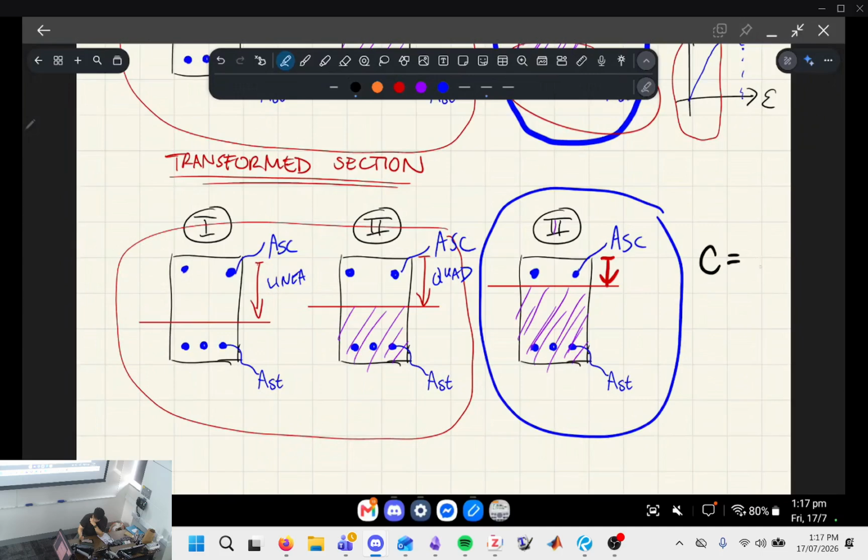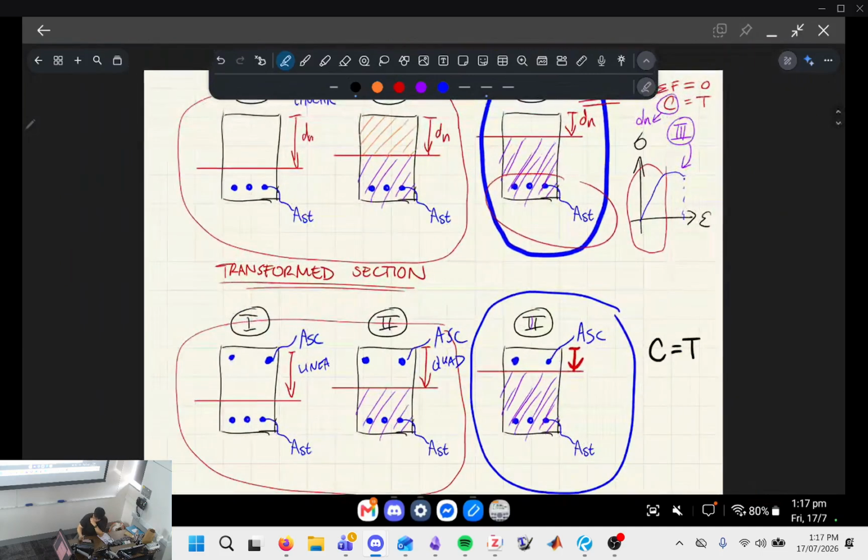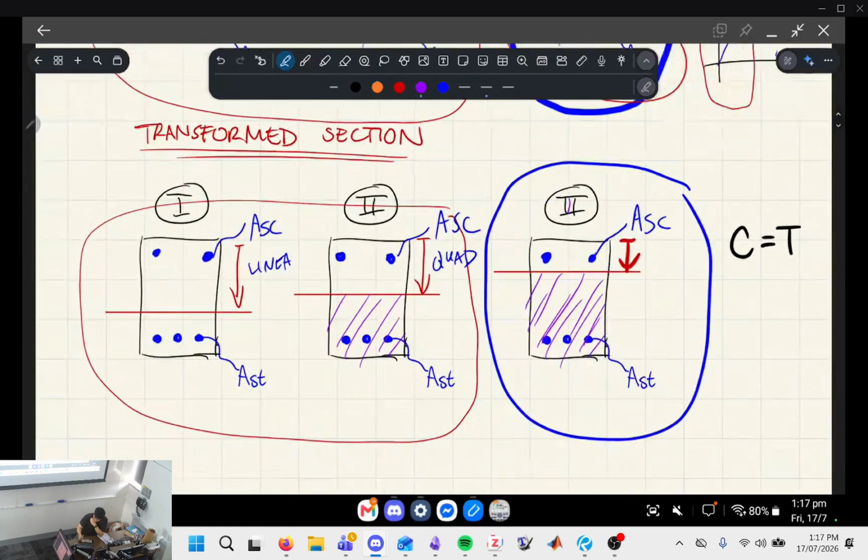So compressive forces are equal to tensile forces, right? You're going to find that there are two components to C: compressive steel and compressive concrete.